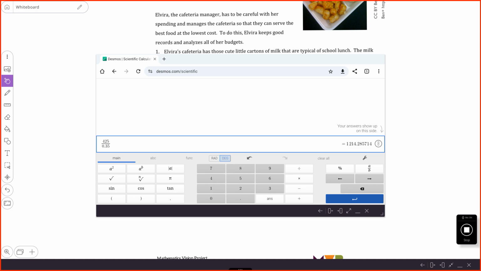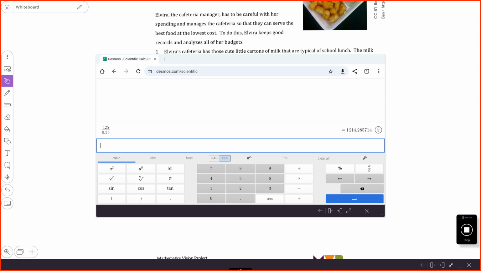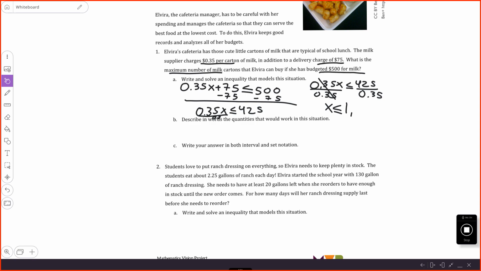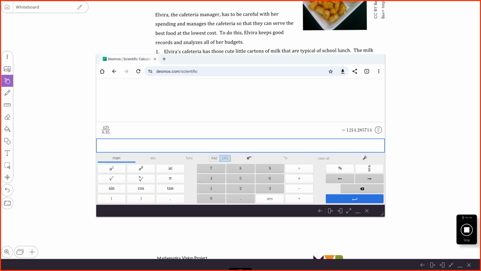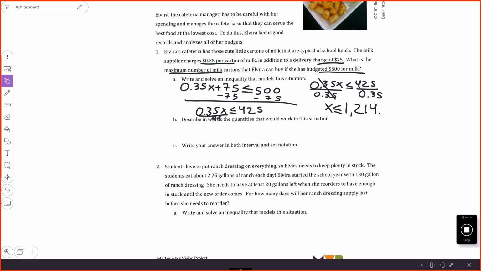And I get 1,214.29. It just told me to solve the inequality, so I did. So what does this mean in terms of words?